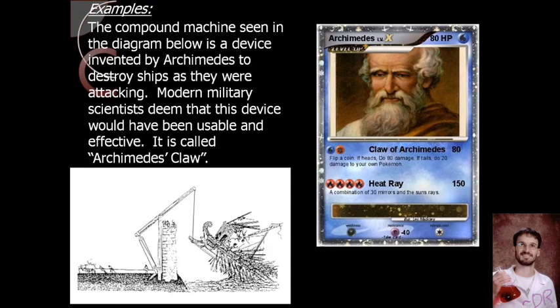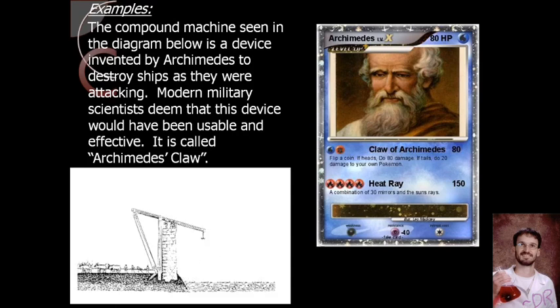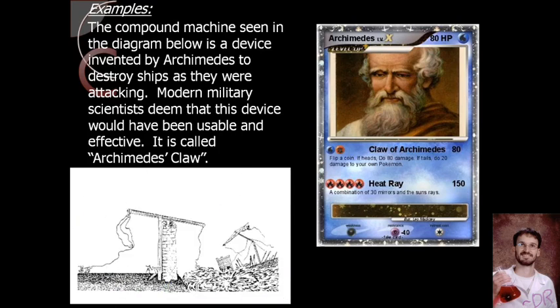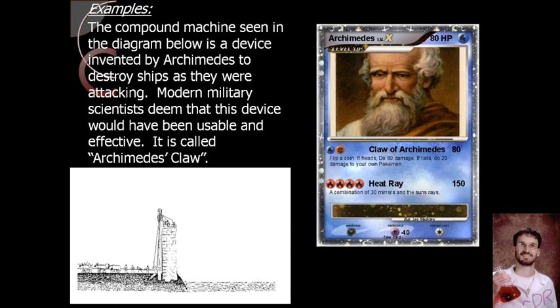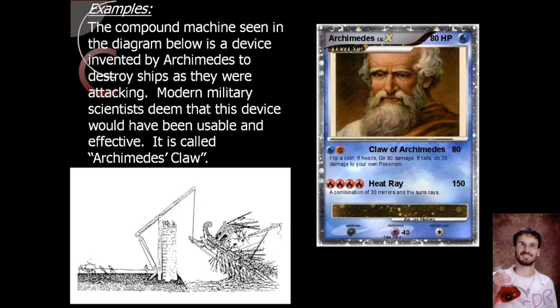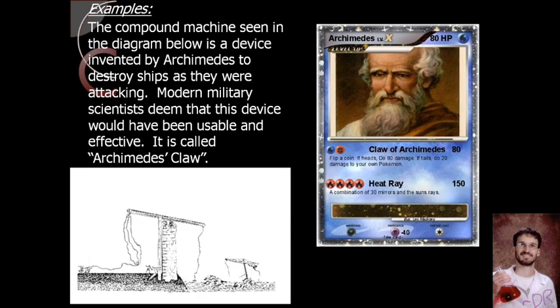Now, the Archimedean claw, which is what we're going to discuss right now, worked like this if you watch this little video here. Archimedes lived on an island. It was a Greek island, and one of the things that you had to worry about if you lived on an island was being invaded by ships.